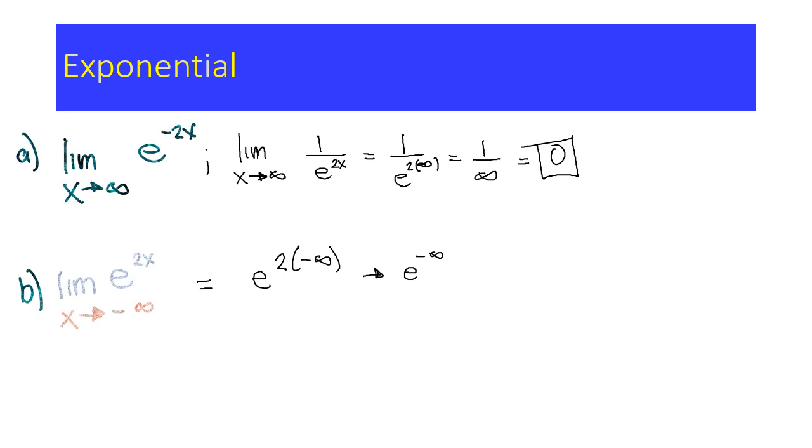And we can write this e to the negative infinity as 1 over e to the infinity. And if we divide 1 by a very large number, or 1 over infinity, the answer is equal to 0. So that is how you evaluate the exponential function.